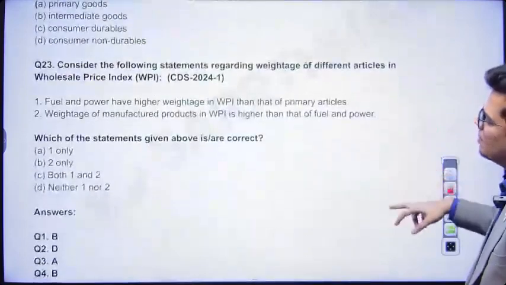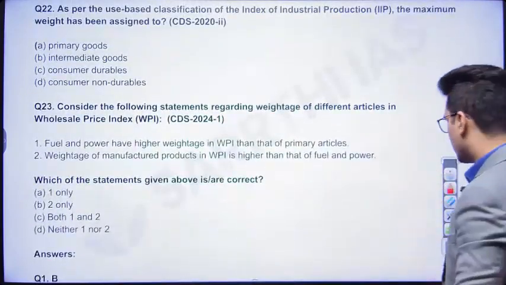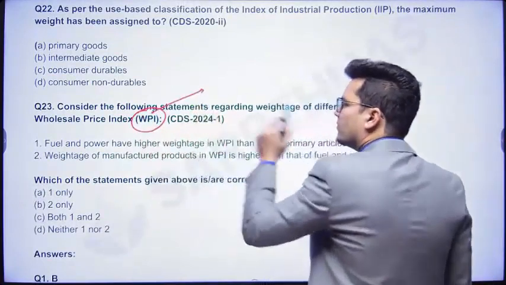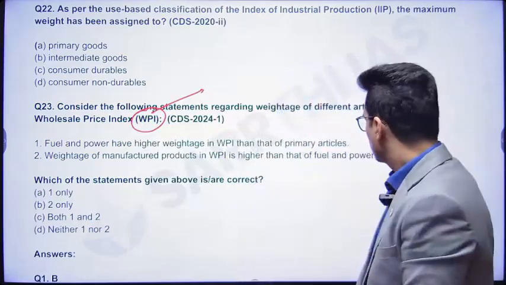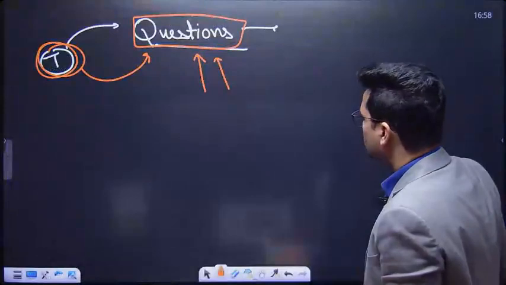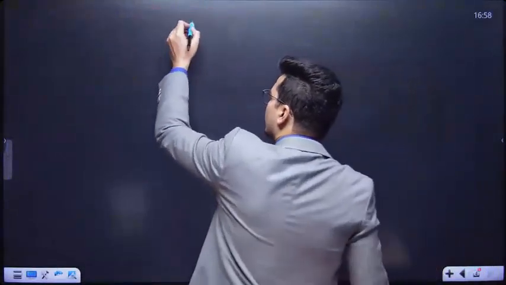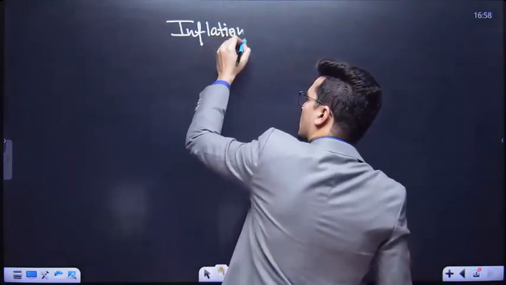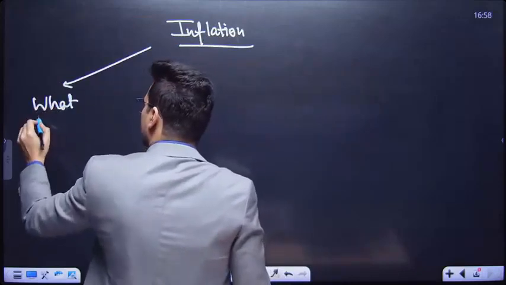Then, which of the following statements regarding weightage of different articles in WPI is correct? So again the topic of measurement of inflation. So far, if I was to look at the number of questions I've gotten specifically from inflation, there was some discussion on what leads to inflation.